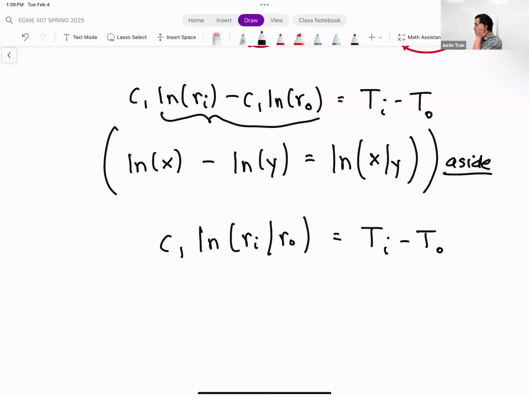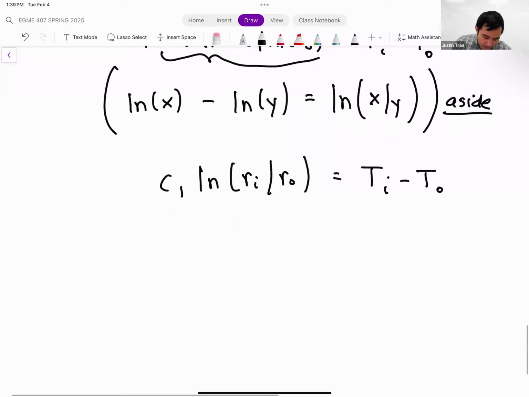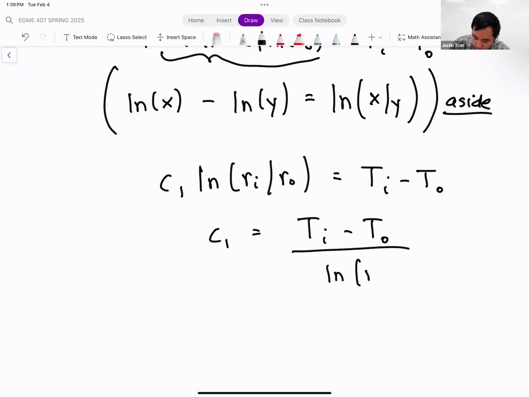Our right-hand side stays the same. There's not much we can do on that side. Let's divide by that logarithm, and we get C1 is equal to Ti minus To divided by natural logarithm of Ri divided by Ro.